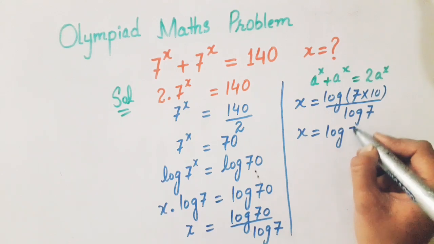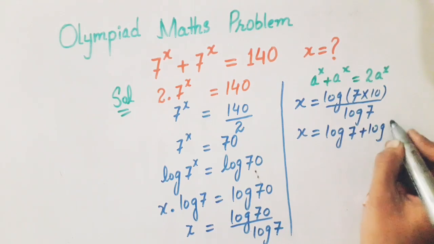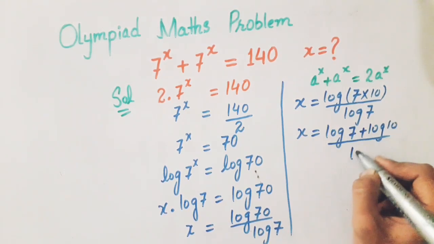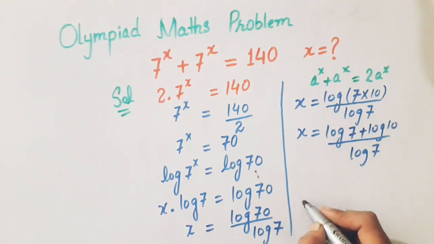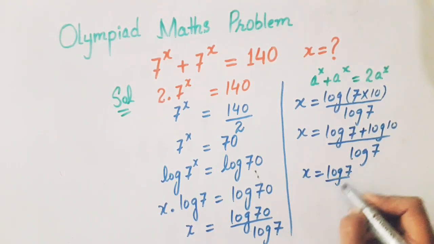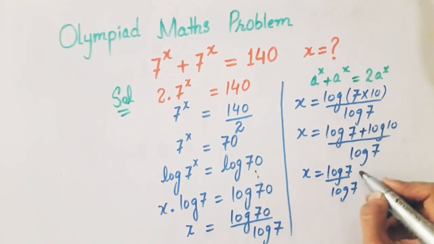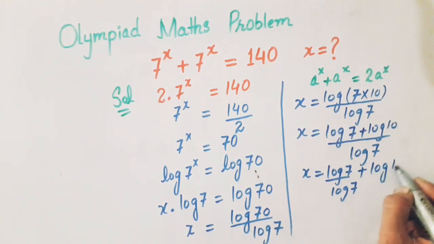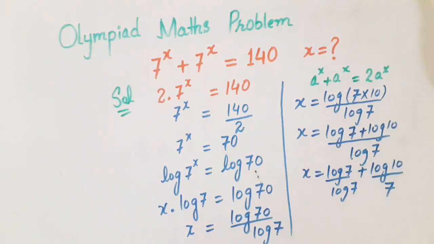So log of 7 plus log of 10 divided by log of 7. So we get x equals log 7 divided by log of 7 plus log of 10 divided by log of 7. So x equals log of 7 divided by log of 7 will be cancelled out and we get 1 plus log of 10 divided by log of 7.